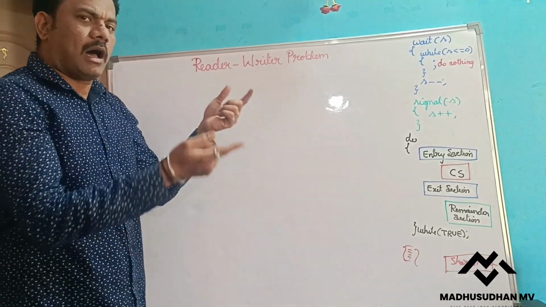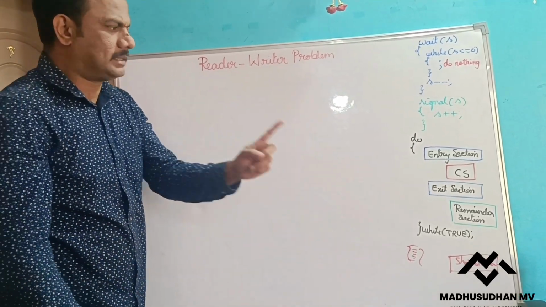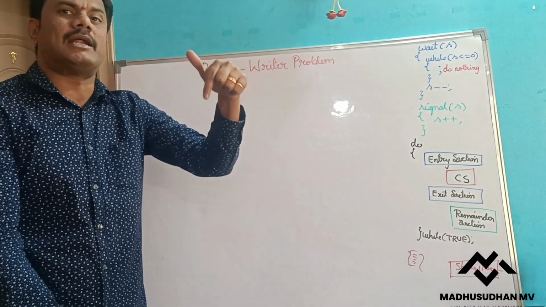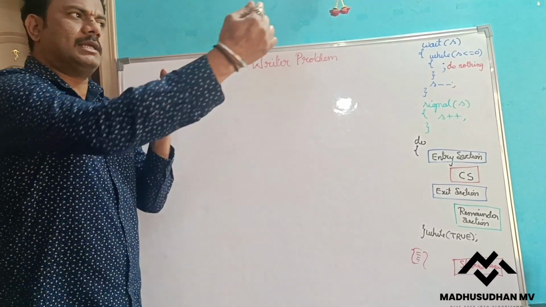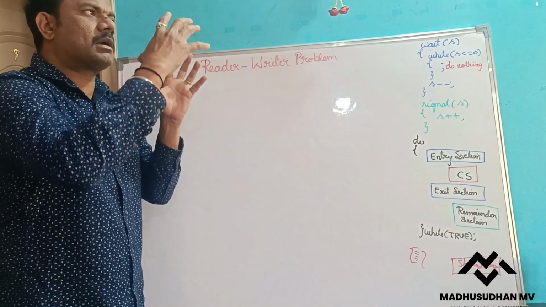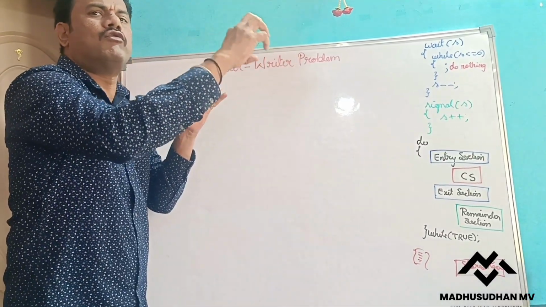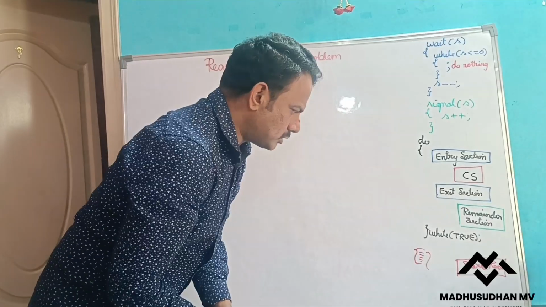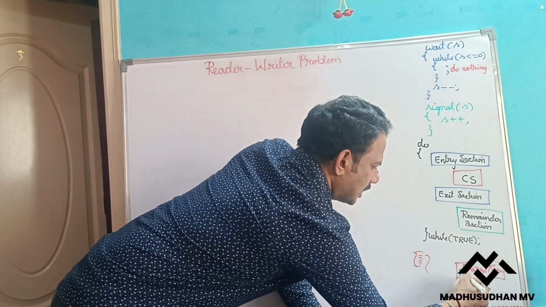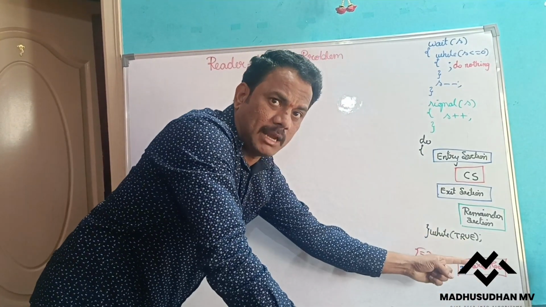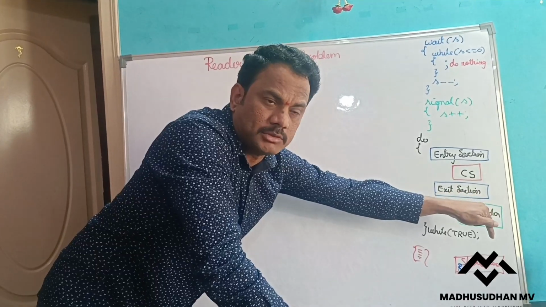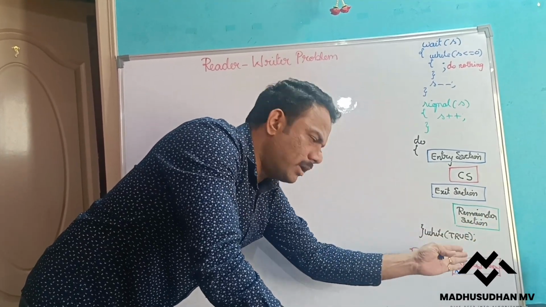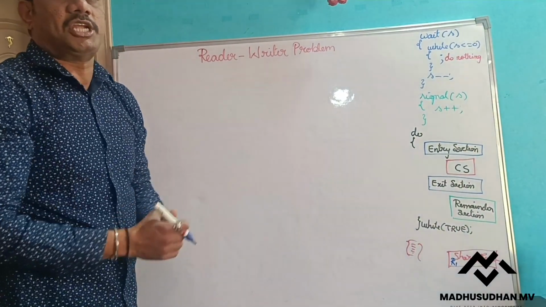When one reader process is already reading the shared data, we can allow other readers also. We cannot make many reader processes wait just because one reader is already reading. Assume reader 1 is already reading the shared resource, and at the same time another reader comes. We should not make it wait, because both are only reading and not changing the data.